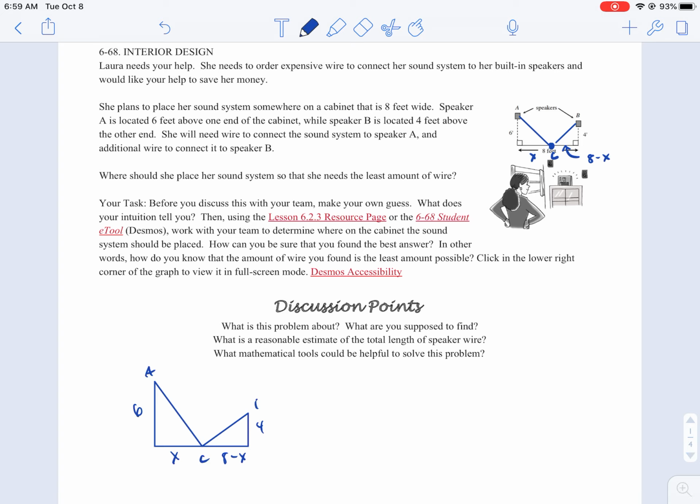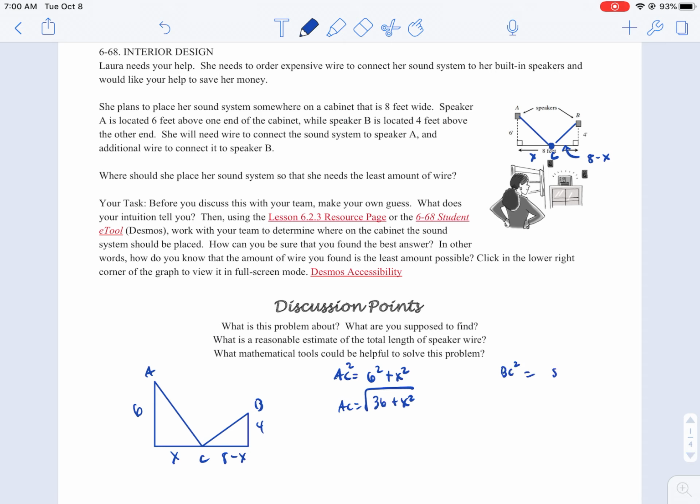A, C, and B. AC squared is equal to 6 squared plus X squared. So AC is equal to the square root of 6 squared, which is 36, plus X squared. And BC is a little bit more annoying.